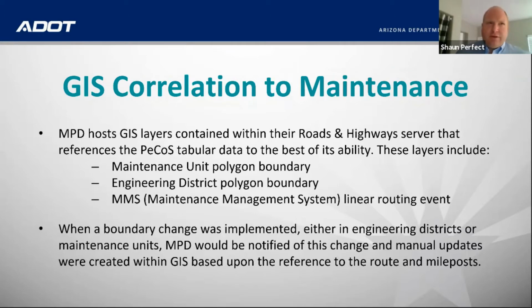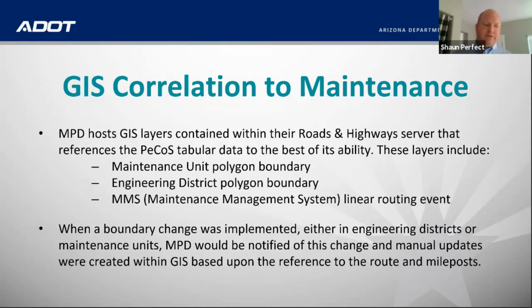Basically, what we did before was take a boundary change that was given to us by an email that upper management sent, whoever was in charge of the maintenance districts and the boundaries at the time. They gave us a milepost, and basically from point A to point B where it changed, based upon the route and milepost information.